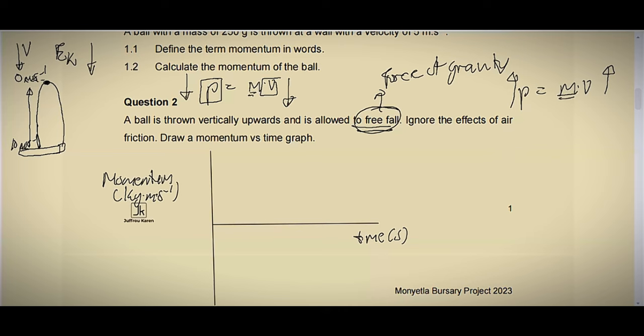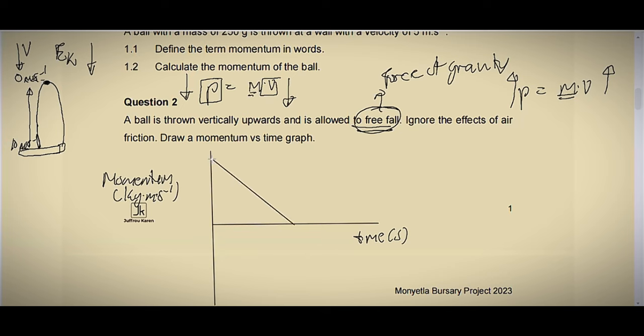Now, to indicate that in our graph, this is what we will do. We understand that as the ball is thrown vertically upward, the momentum is decreasing, right, up until it reaches a maximum height.